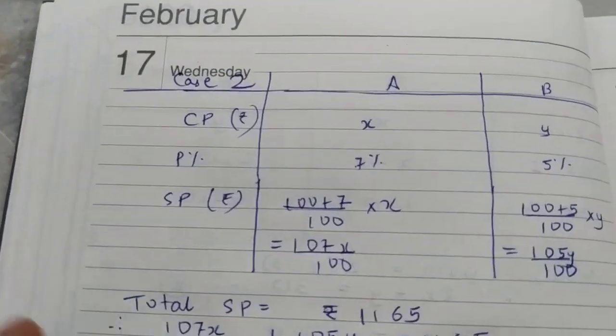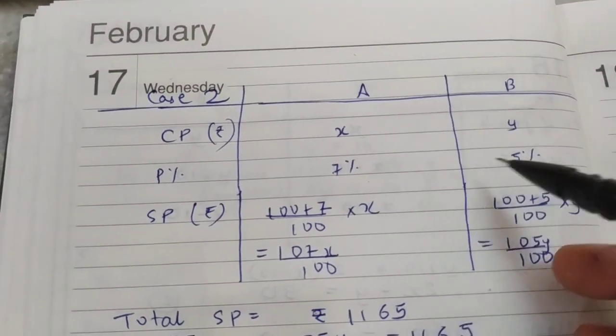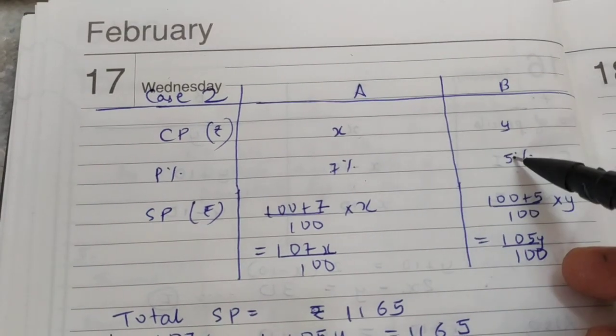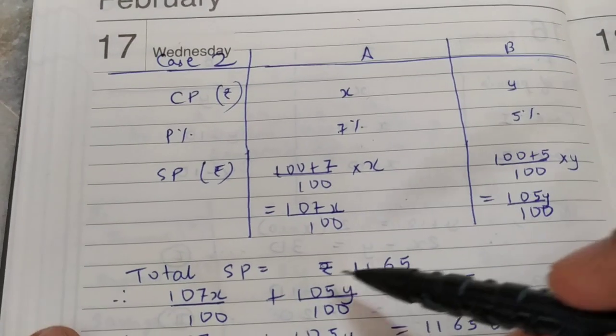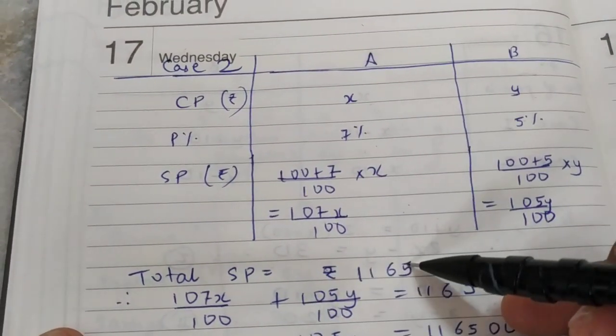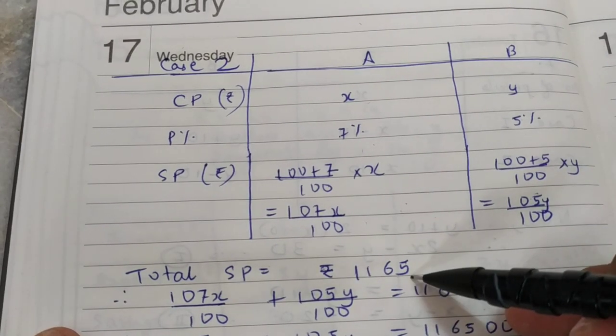Similarly, we have case 2, in which the cost price will be the same, but the profit percentages have been interchanged. So we get two new selling prices individually, and the total selling price has been given for case 2 as well. That means this plus this is 1165.